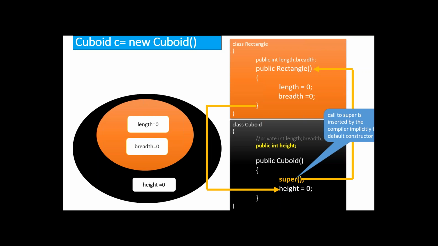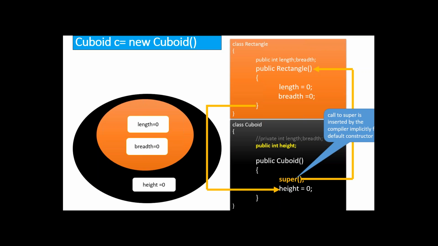No, super will not insert. If you see from the figure, super is transferring the call from your child class to the base class. Extends will insert. Super is transferring. Correct, Hira, you're correct. First is rectangle class.